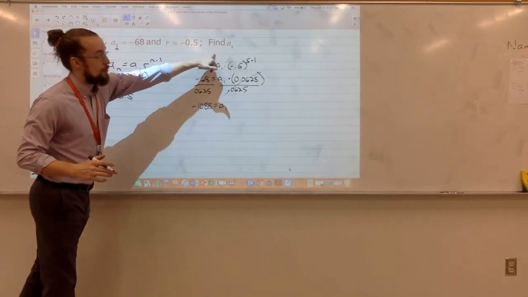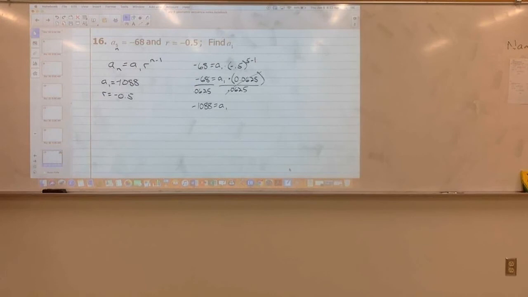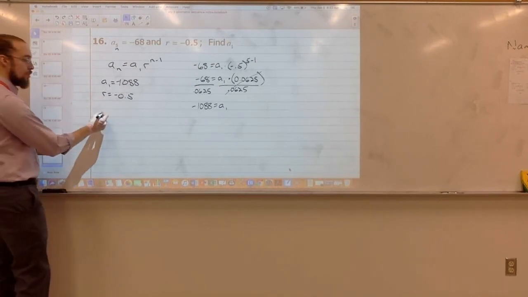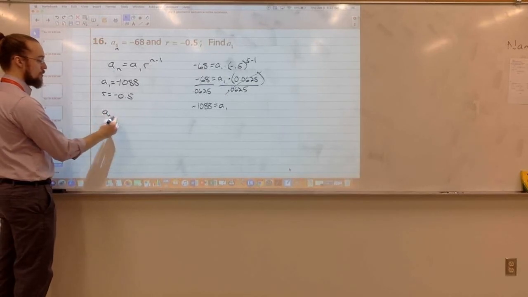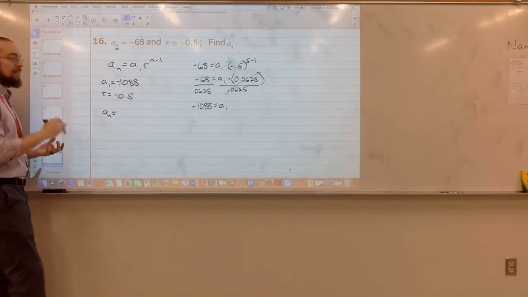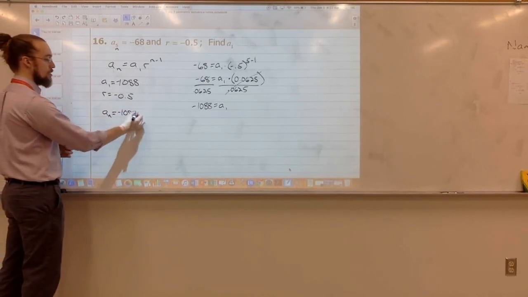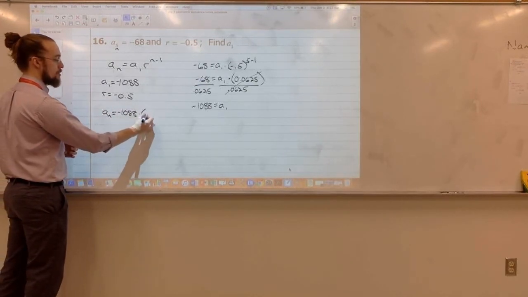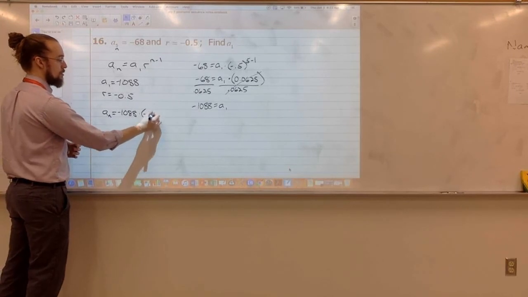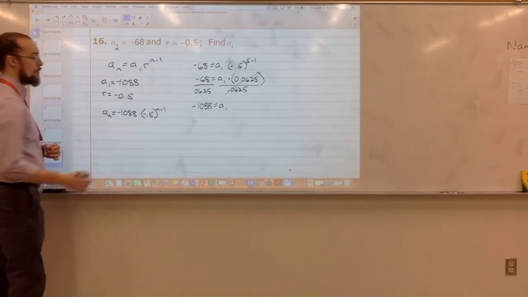Half of the question was to find the first term. The other half was to write the rule. So we still have to write the rule. Now I can just plug these two pieces of information in and say a sub n equals negative 1,088 times negative 0.5 to the n minus 1 power.